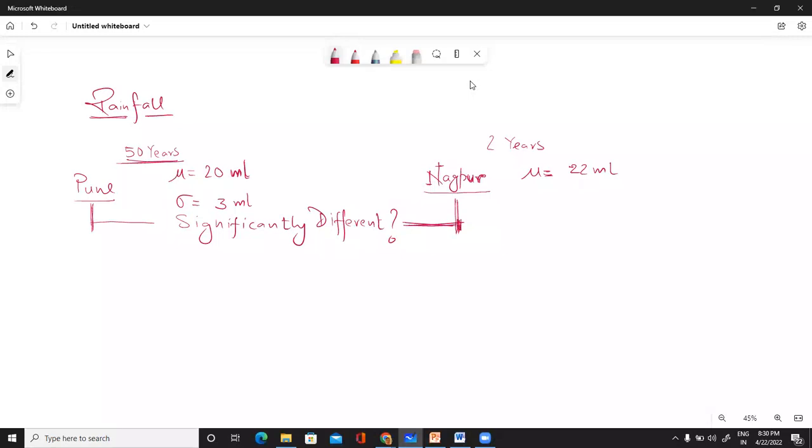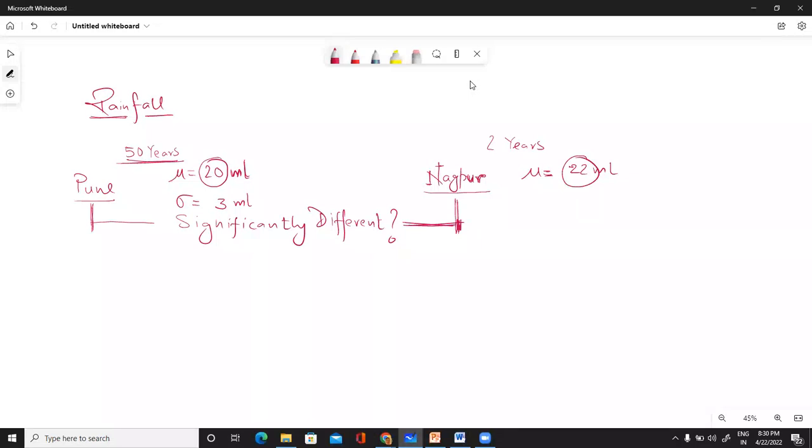We will define hypothesis testing in other, maybe clearer ways, but this is the underlying concept. Here it is 20 and here it is 22. It is different, yes, but whether the difference is significant or not.